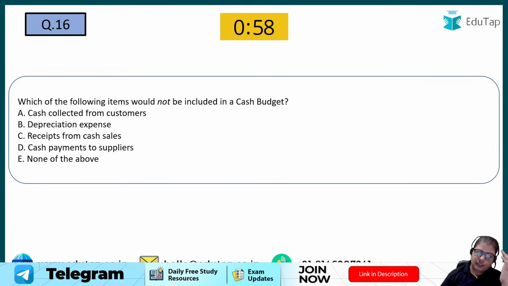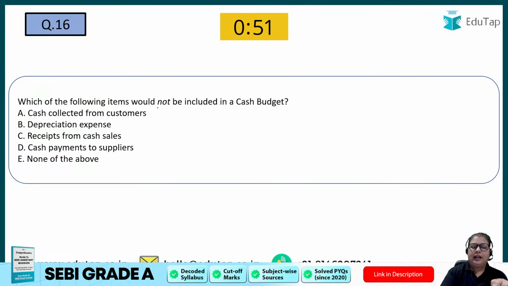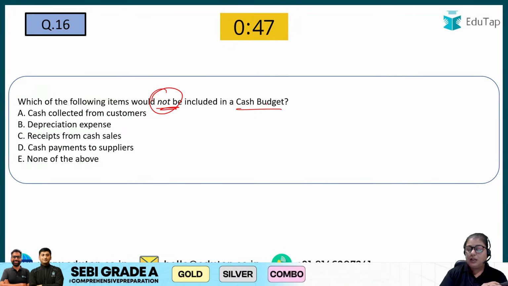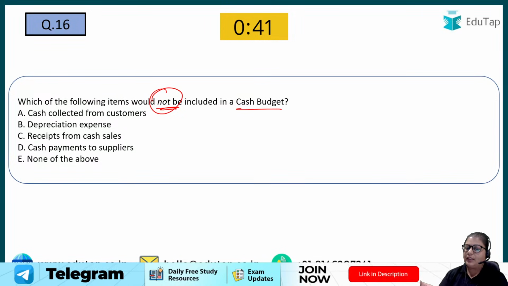Next is question number 16. This is also a similar question taken from previous year questions. Which of the following items would not be included in cash budget? The first is cash collected from the customers. It will always be included in your cash budget because it relates to how much cash is coming. Now depreciation.